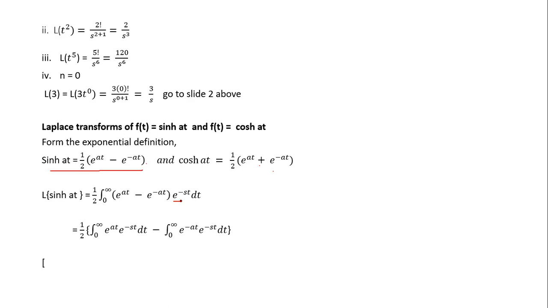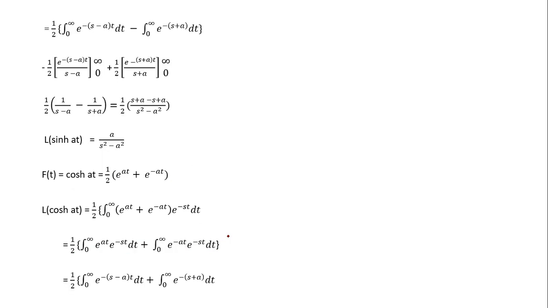So we can now expand this: multiply exponential negative st by exponential at, and the same thing by exponential negative at. Now apply the law of indices for each integrand.